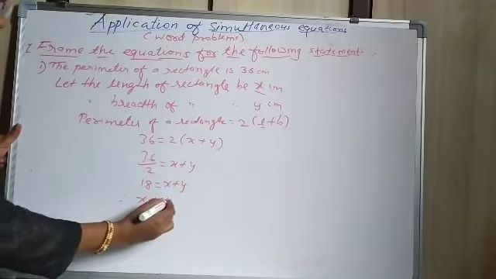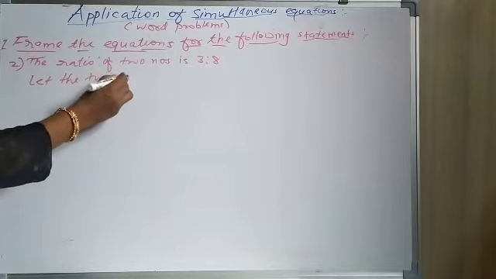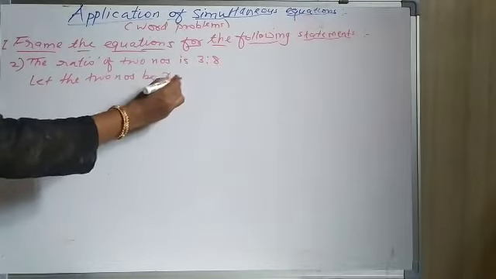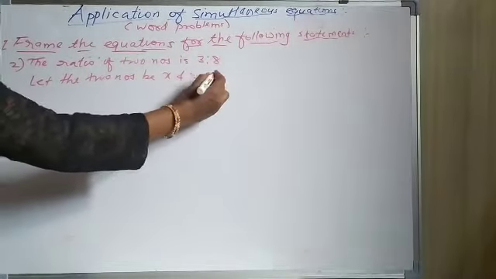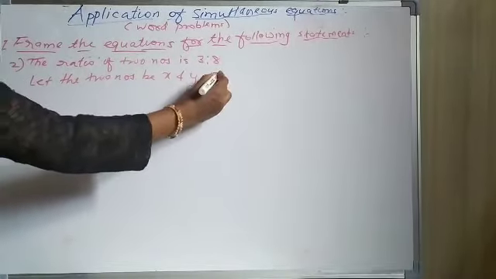Now let us take the second example. The ratio of two numbers is 3:8. So let the two numbers be x and y, where x is less than y, because 3:8 is given. So x upon y is equal to 3 upon 8, because the ratio of two numbers is 3:8.